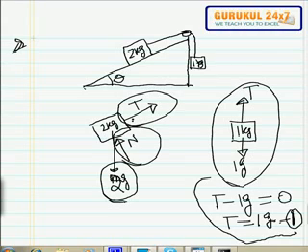So T is parallel to the incline, nothing was done to it. The normal reaction N is perpendicular to the incline, nothing was done to it either. But this weight is acting vertically downwards, not perpendicular to the incline. So we have to find the components of this weight which are perpendicular and parallel to the incline.